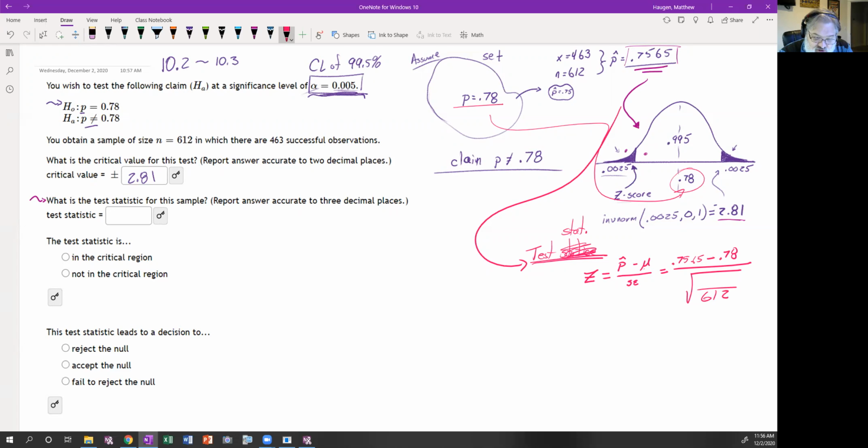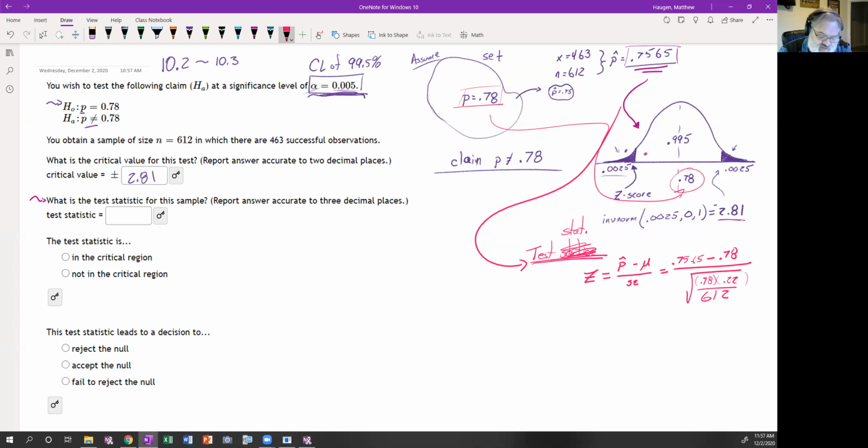And our P and our Q, this is where sometimes people make a little error. That P and Q should be the population P and Q. So it's our 0.78 and our 0.22. Fair?